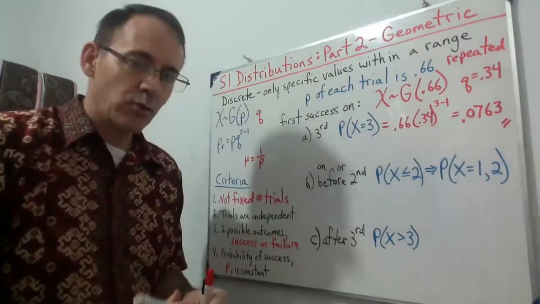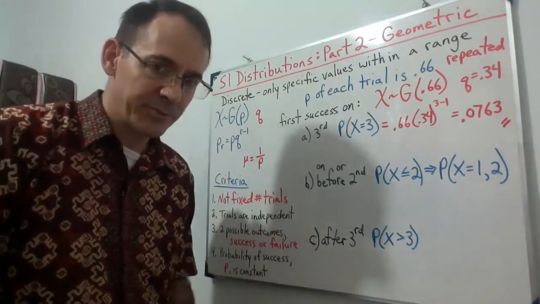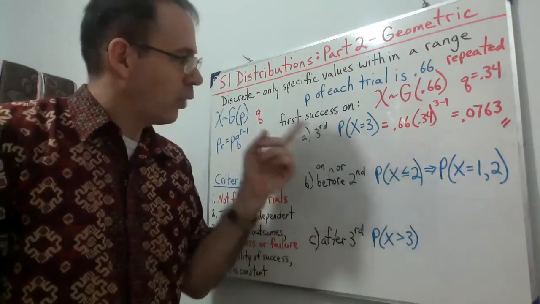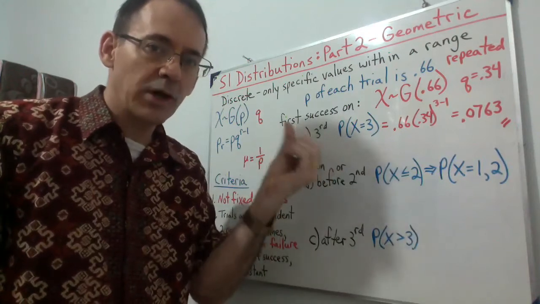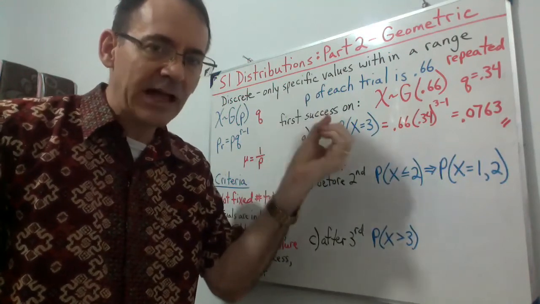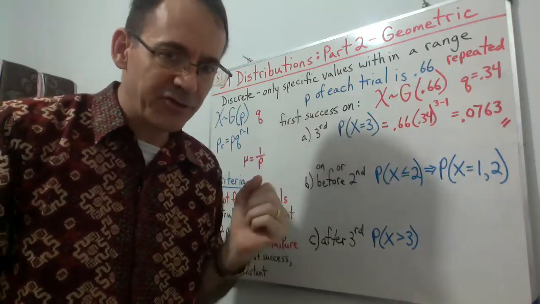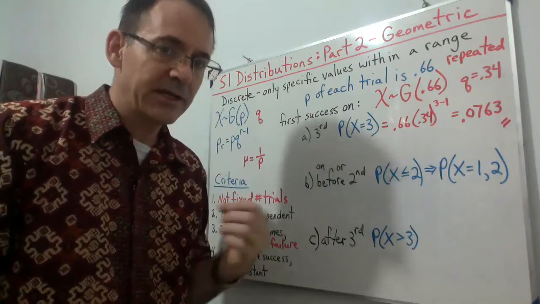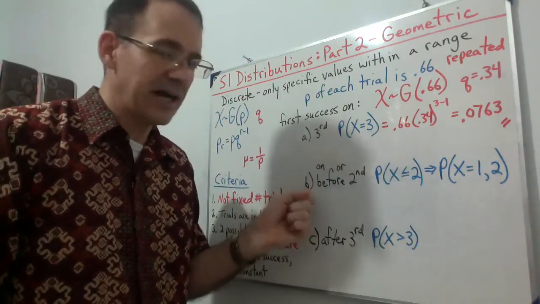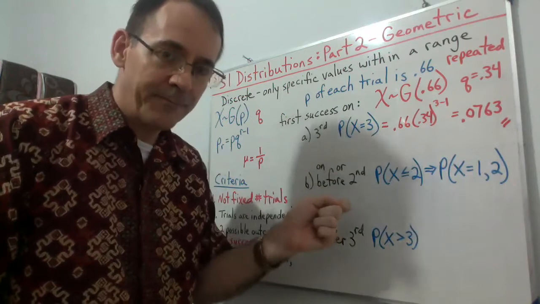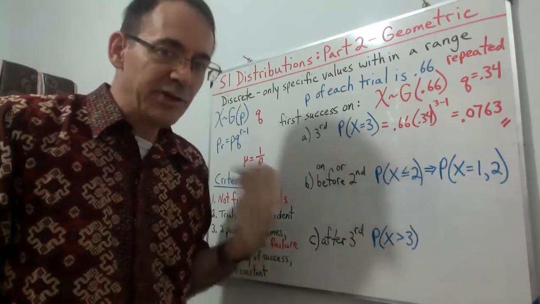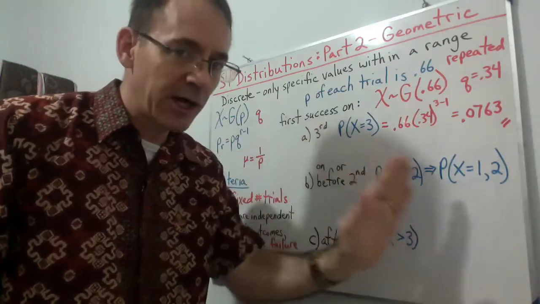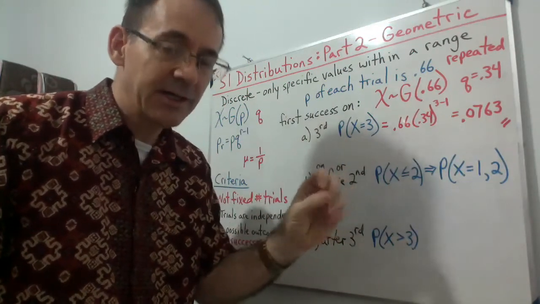Okay. Now, with the binomial distribution, it was possible to have 0 as one of your little x's. 0 was a possible value in the binomial distribution. It is not a possible value in the geometric because the geometric is going based on the Rth trial, the trial number. You can't have a 0 trial number. So you don't start with 0 with geometric.